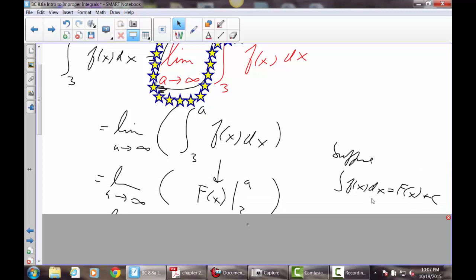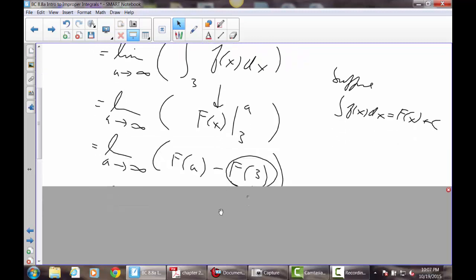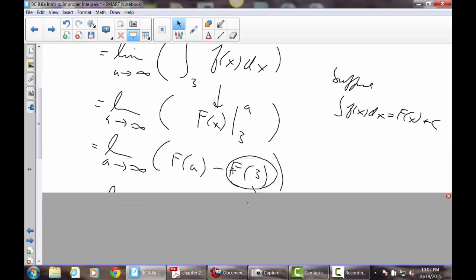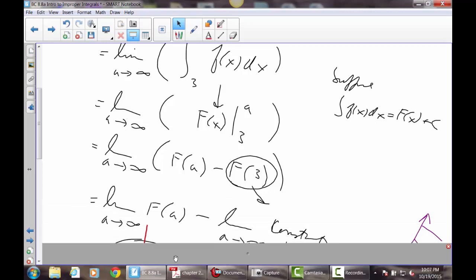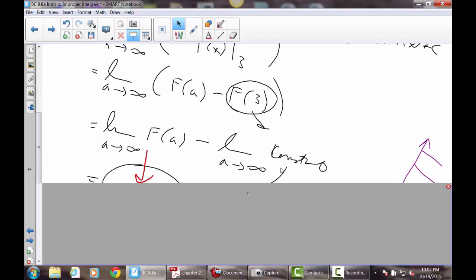So let's pretend that the integral of little f of x is big F of x. So I'll integrate little f of x to get big F of x. I'll evaluate it from 3 to a, which will give me F of a minus F of 3. Now the whole time this limit stays here. What will happen is this will be the limit as a goes to infinity of F of a minus the limit as a goes to infinity of F of 3.